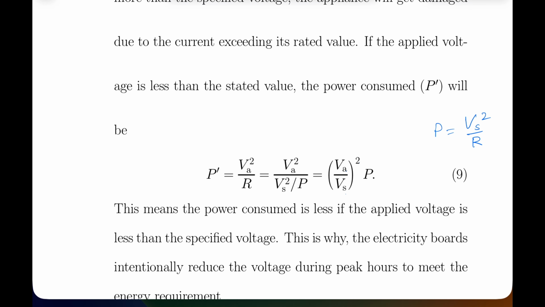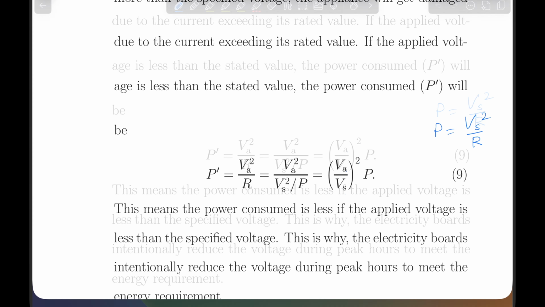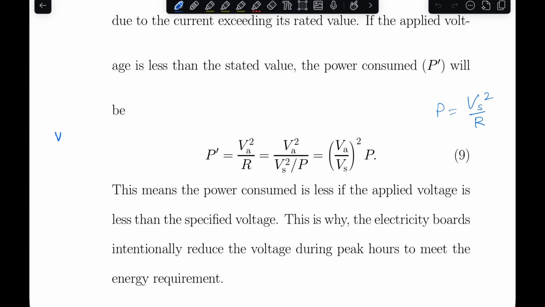Okay, Va is less than Vs. So Va upon Vs is less than 1, which means that Va upon Vs, the square of this will be much less than 1. Okay, and therefore from equation 9, P dash is much less than P. Clear?